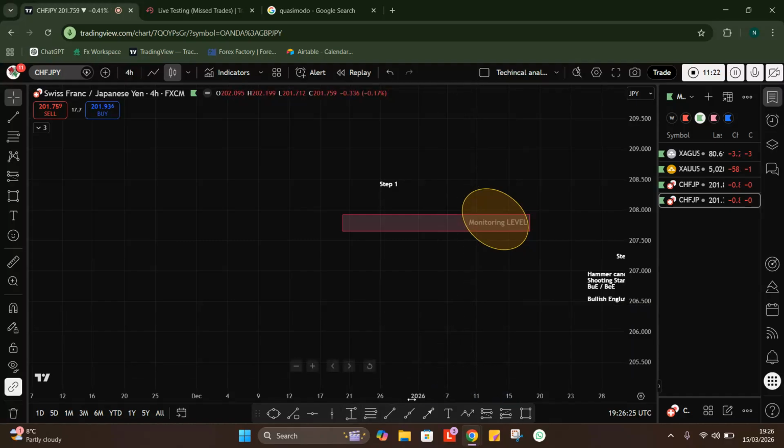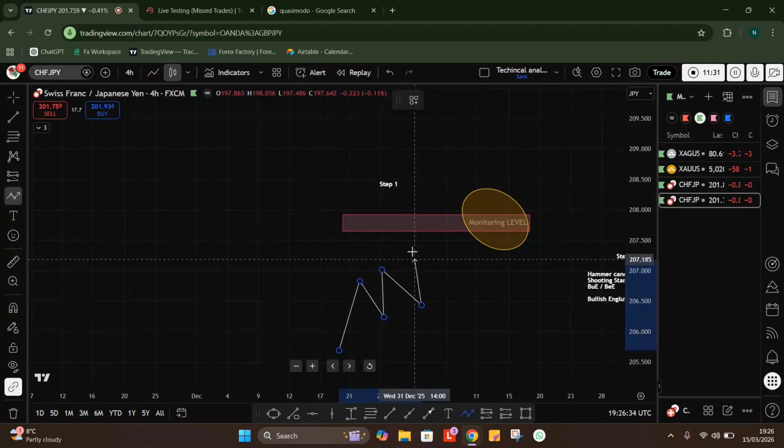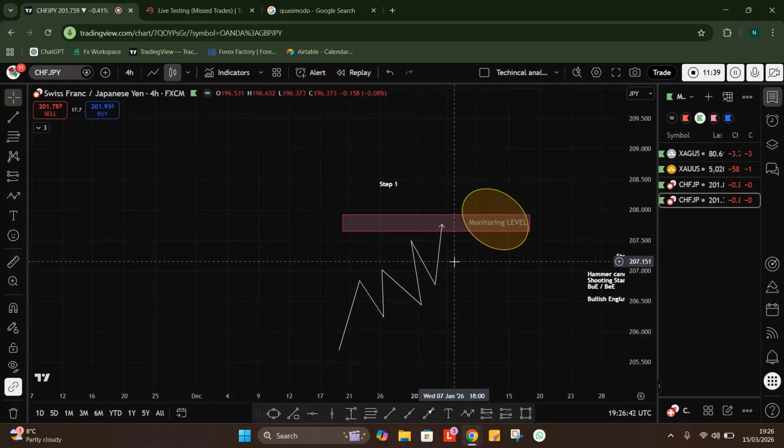All this means is you wait for price to get there, and you just wait. If price shoots straight through it, you haven't lost any money.